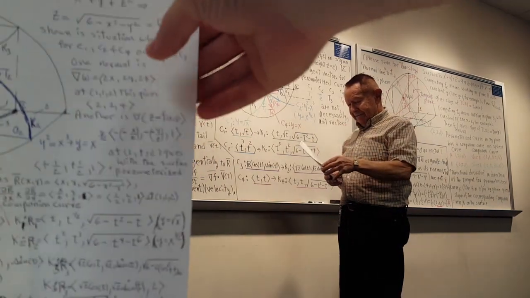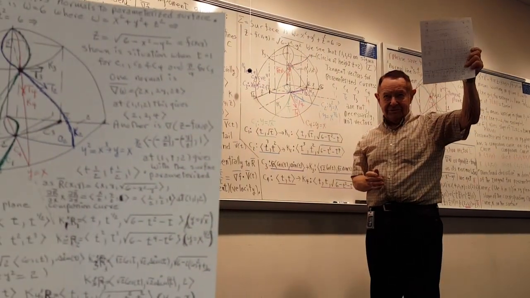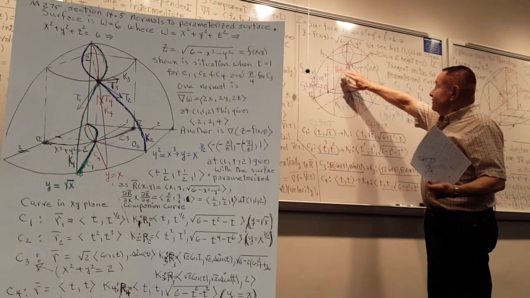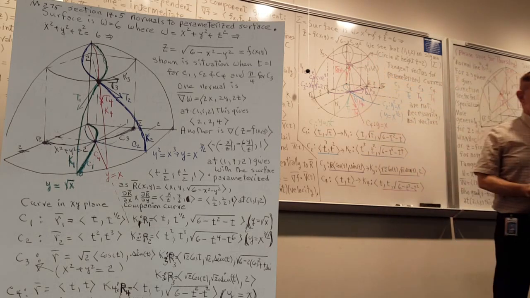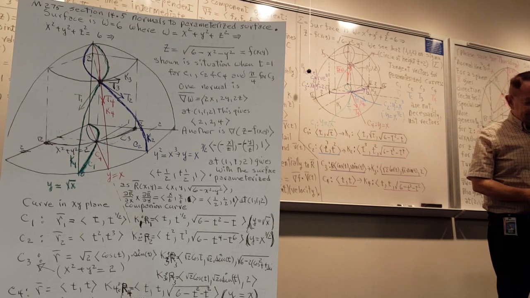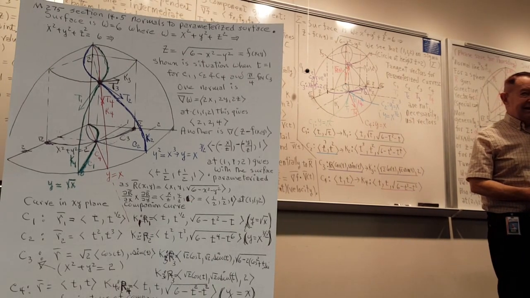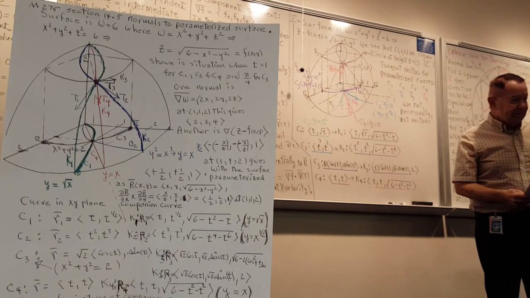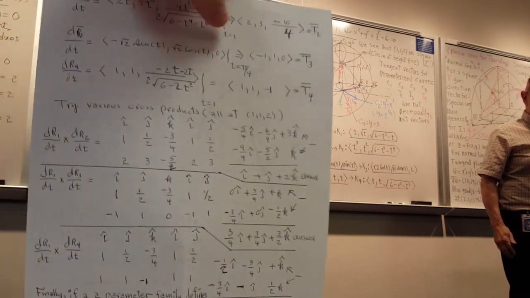And as the work shows, if you look through the back of this sheet of paper, which we'll go through tomorrow, you do any of these derivatives of the capital letter R, and you can take the cross product of two of those, and you'll get vectors that are normal to your surface, and no matter which two you take the cross product of, you'll get the same thing. So that's what I have written on the back of this, and that's what we'll work with tomorrow.